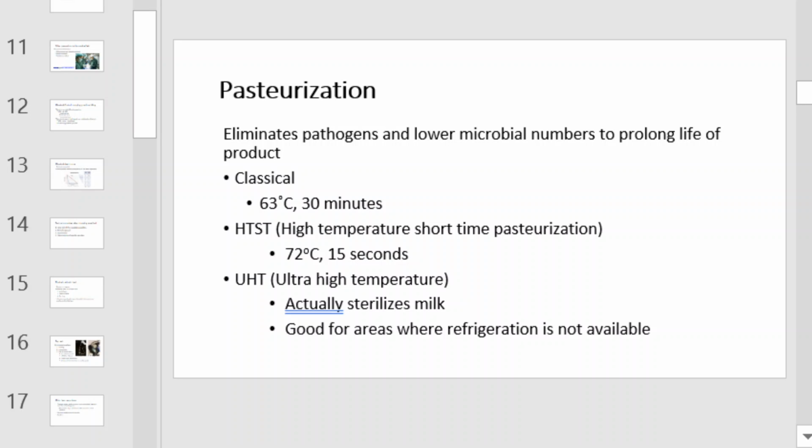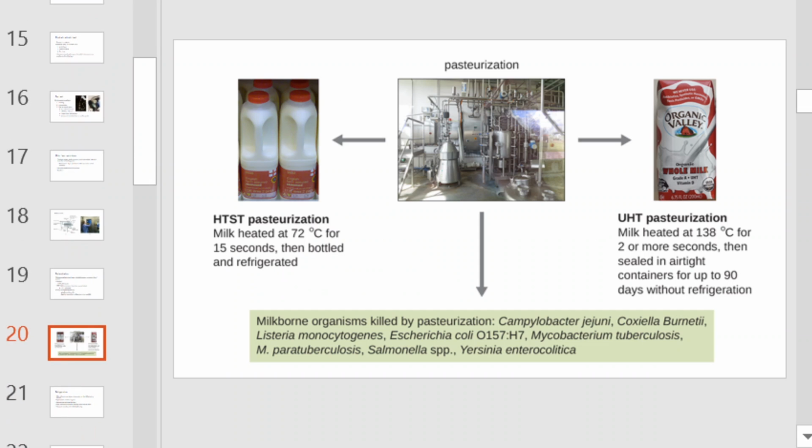There are high temperature short time pasteurization processes as well, which raise an object's temperature to 72 degrees Celsius for about 15 seconds, and ultra high temperature pasteurization, which can actually sterilize a liquid like milk. This is a good process for areas where refrigeration is not available. This is an example of the pasteurization process as used on something like milk.